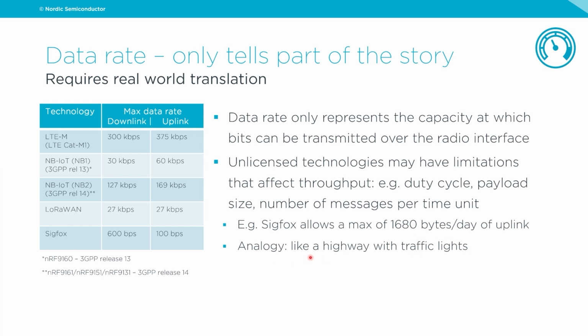An analogy for this is like, you have a highway, it has a certain capacity for cars, but then you have traffic lights. So it means you can only put cars onto the highway at certain points, and that capacity is not being used on a continuous basis.